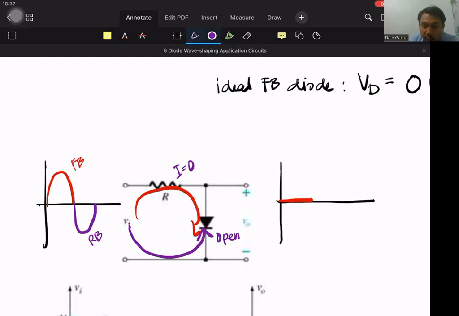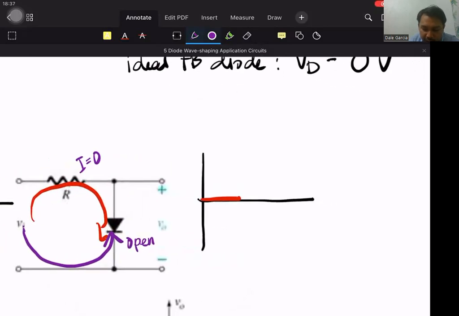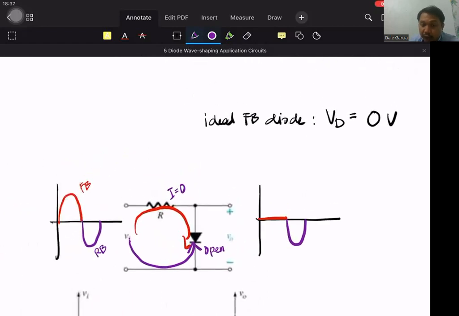What it will measure is the voltage source, which is producing the negative half cycle. So that is the output waveform of that kind of clipper circuit.